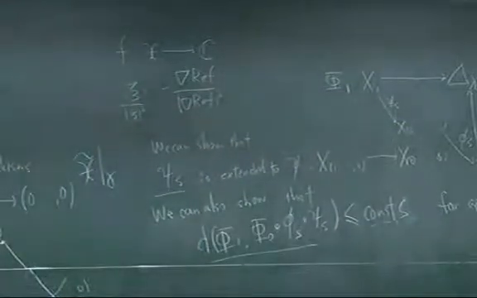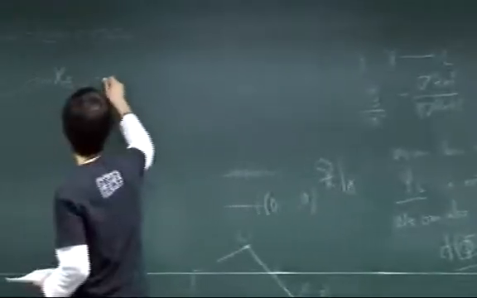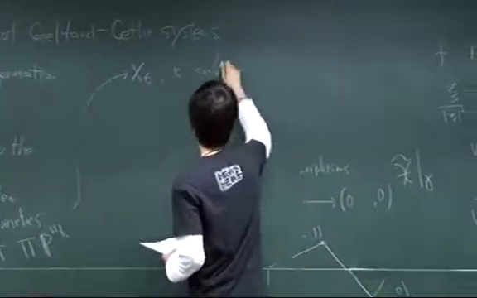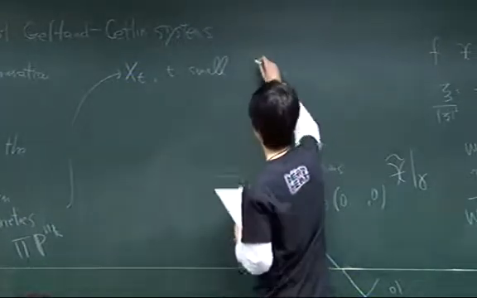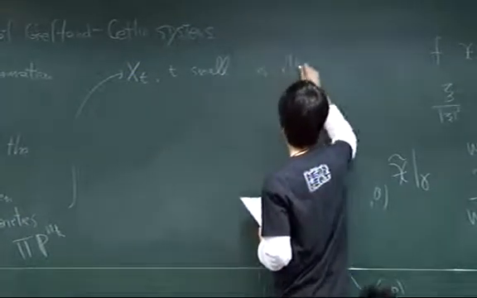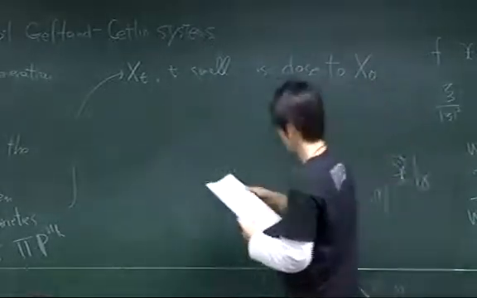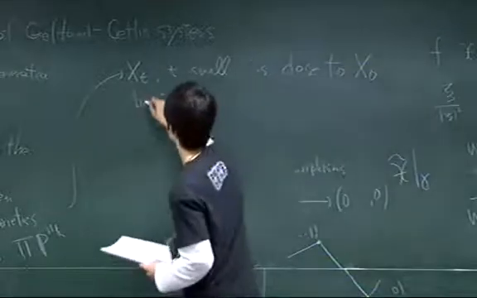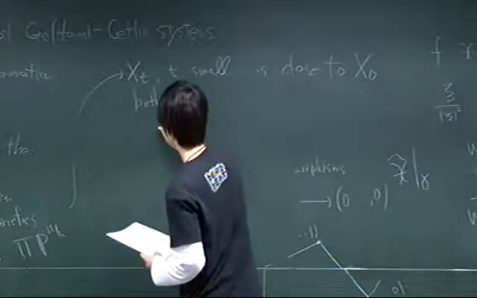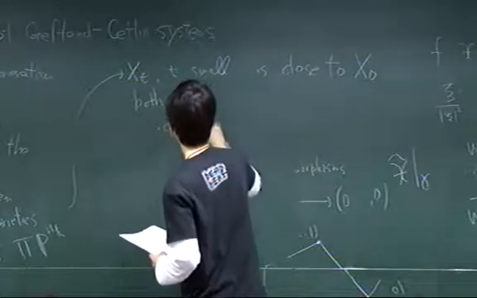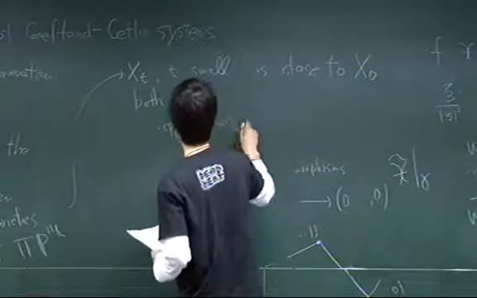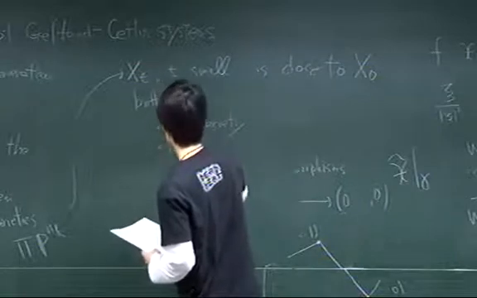Then we use this: xt for t small is close to x0, both have complex variety and integral system.